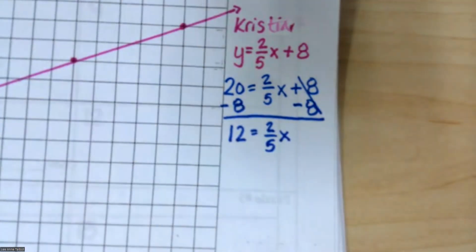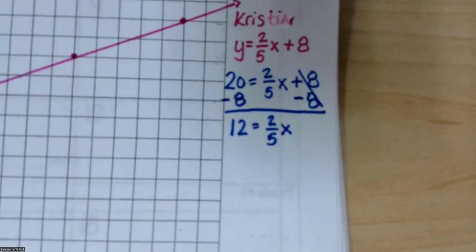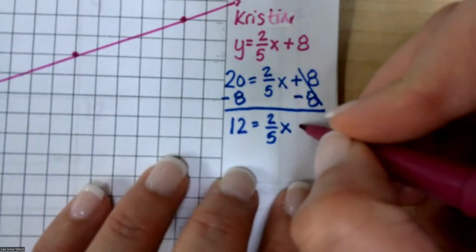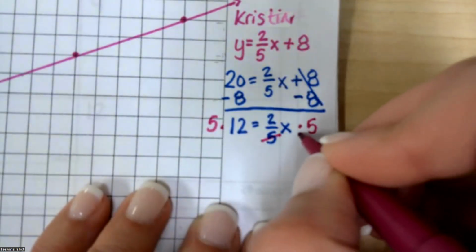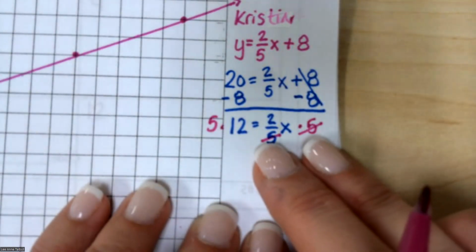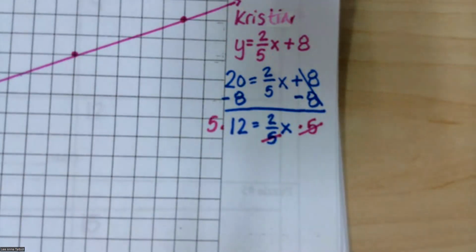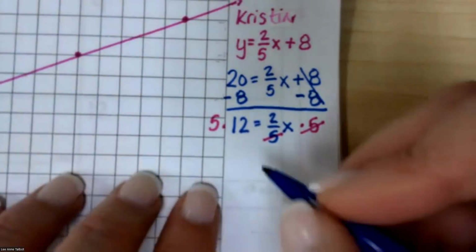Okay, so this is a really great teaching moment right here. You guys might have learned different ways to solve this. I like to multiply both sides by 5. That's what I would do. Did some of you multiply both sides by 5 over 2? Okay, let's just practice this with multiplying both sides by 5. What that does is it cancels out the denominator because this is dividing, so we're undoing the dividing.